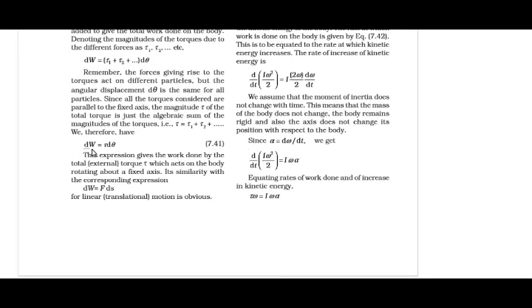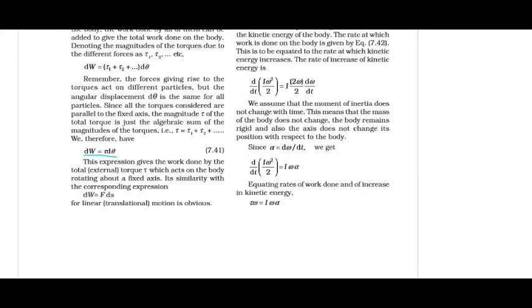So the main thing is how linear momentum and the physical quantities in linear motion are represented or changing in angular motion. That's it. So this expression gives the work done by the total external torque tau, which acts on a body rotating about a fixed axis. Its similarity with the corresponding expression dW equal to F ds for linear translational motion is obvious.